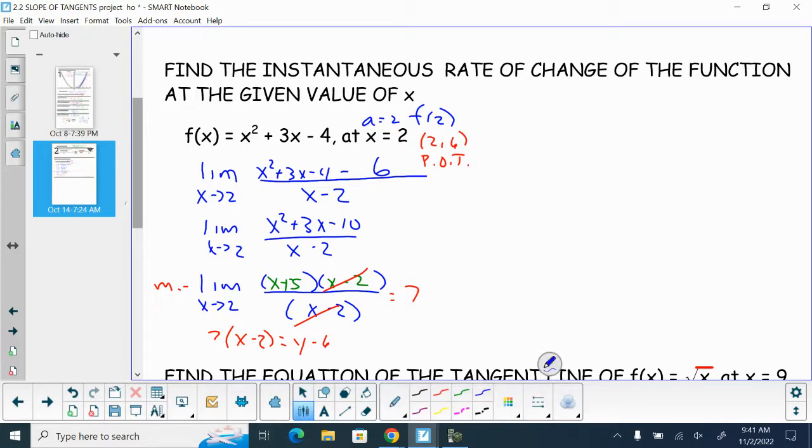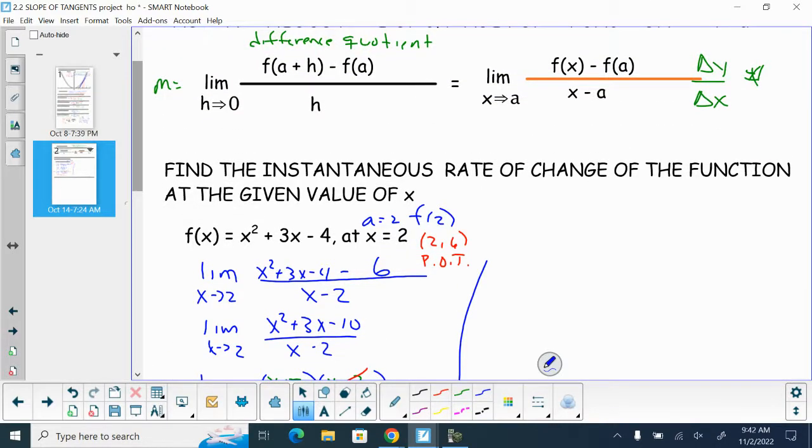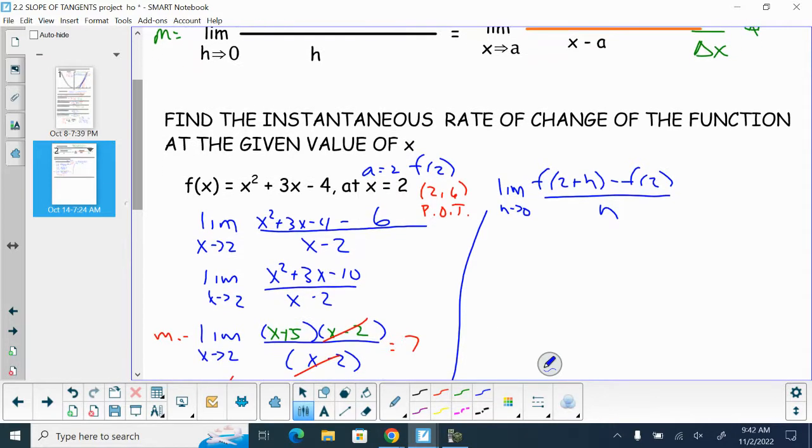Very quickly, I would like to go through the second half of this. We have the limit as h approaches 0 of f at 2 plus h minus f at 2, all over h. So we have to evaluate our function at x equals 2 plus h.